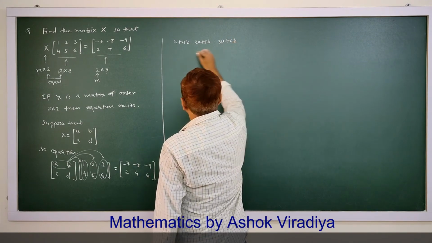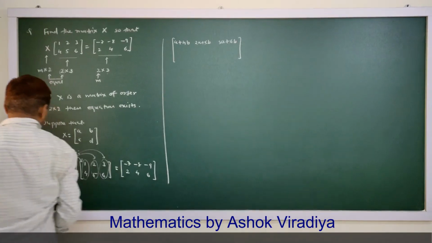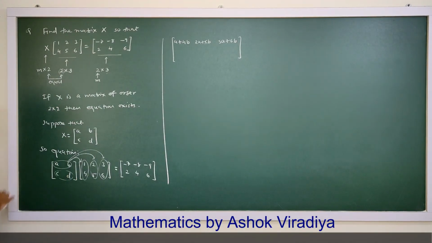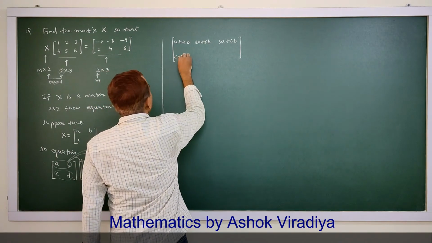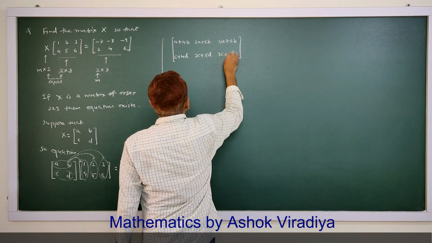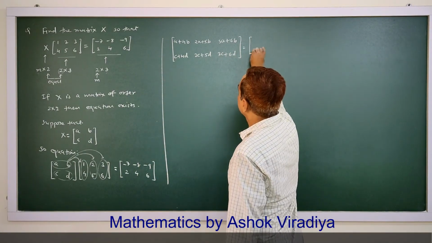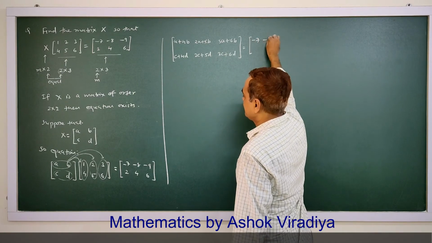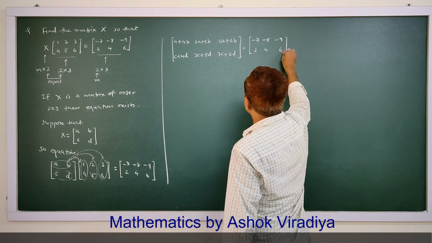Now the second row: A and B will be replaced by C and D. So C plus 4D, 2C plus 5D, 3C plus 6D. It is equal to minus 7, minus 8, minus 9, 2, 4, 6.